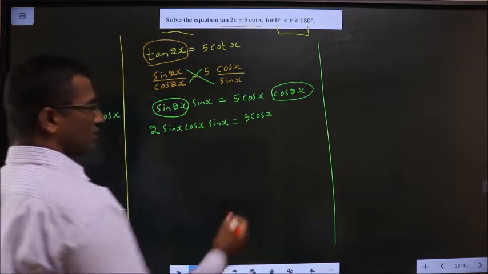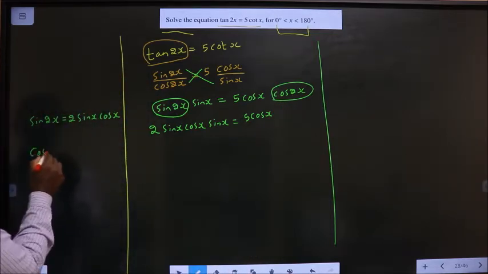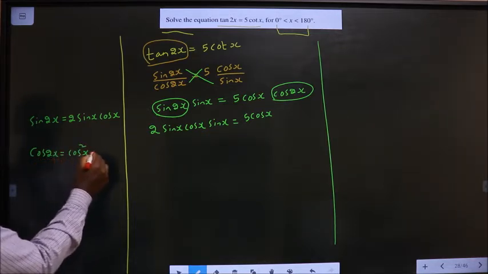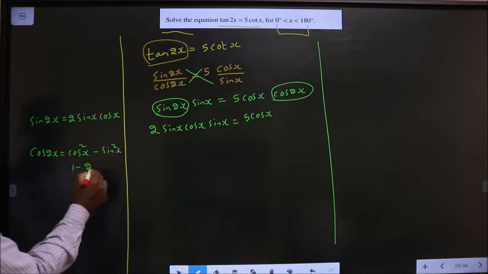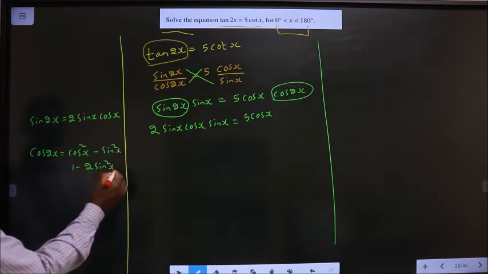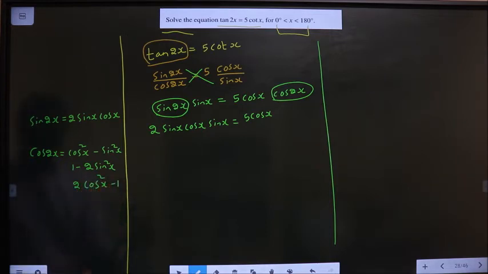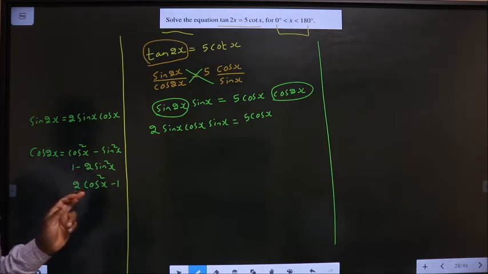For cos 2x also we have formulas. For cos 2x there are three formulas: cos square x minus sin square x, or 1 minus 2 sin square x, or 2 cos square x minus 1. As of now I am not sure which one will be helpful to me.